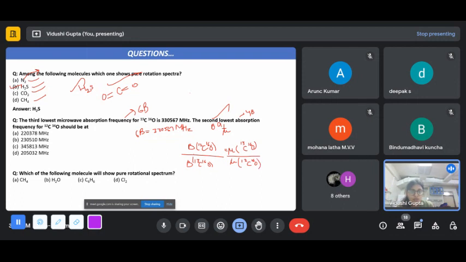So you basically know the B for the 13C, and for the 12C you will calculate.